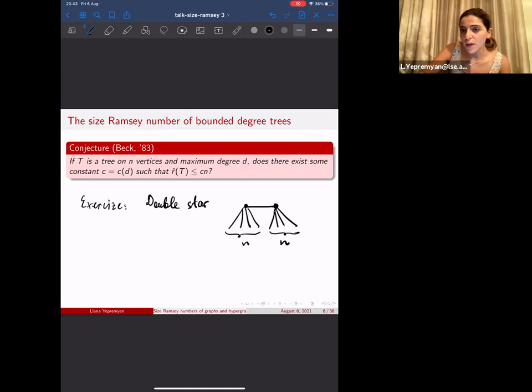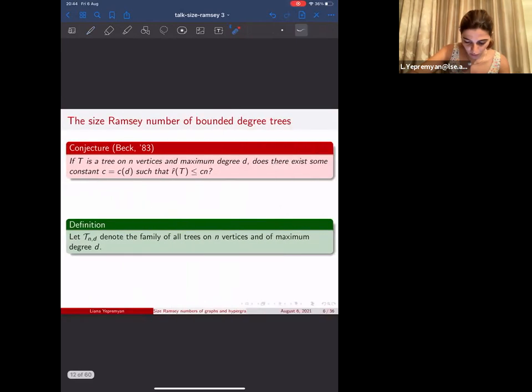It has unbounded degree, and one can show that, let me call this DS_n, the size Ramsey number of the double star is quadratic. It's Omega(n squared). Okay, so indeed the bounded degree here is important. It's an essential requirement.